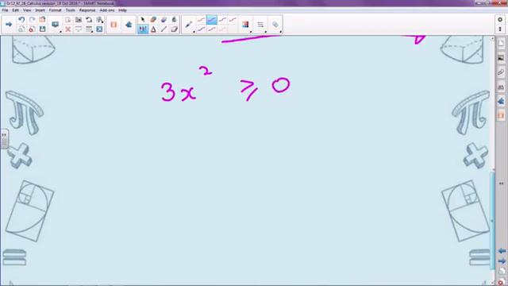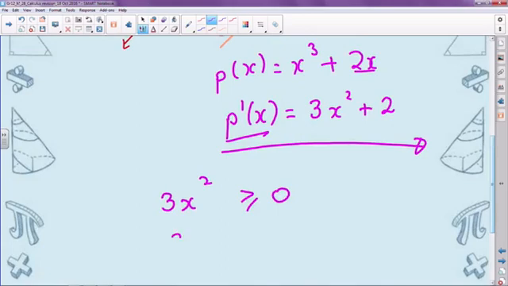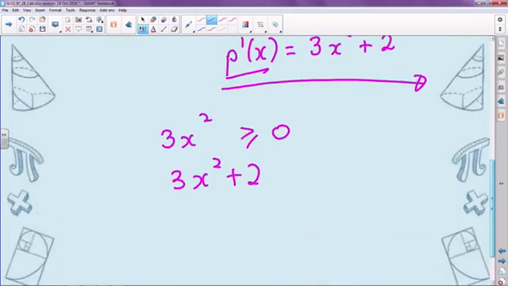And then if you look at plus 2, that means that 3x squared plus 2 will also always be positive. It's always going to be not equal to 0, but it's always going to be greater than 0. So that function 3x squared plus 2 will always be greater than 0. In fact, it's always going to be greater than 2. So therefore, we've shown that any gradient of this function p of x is always going to be positive.